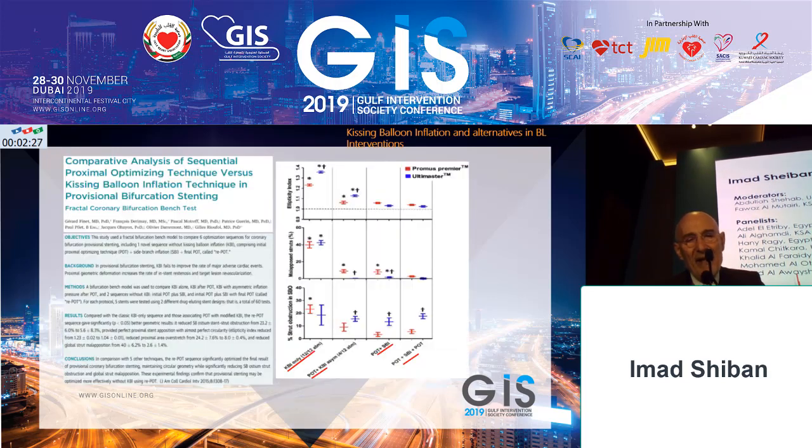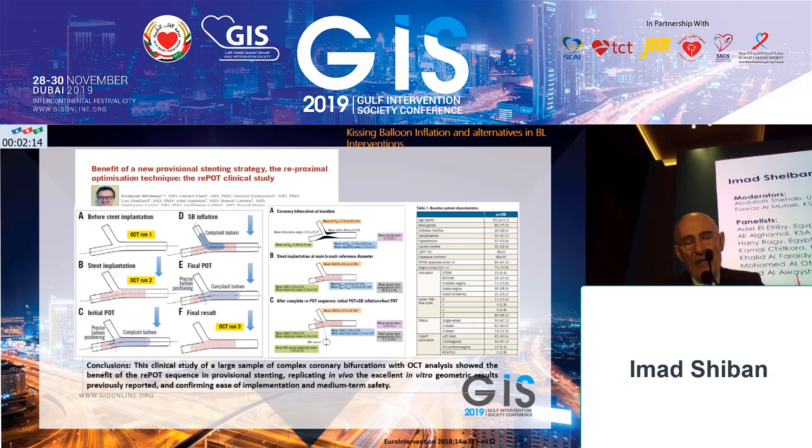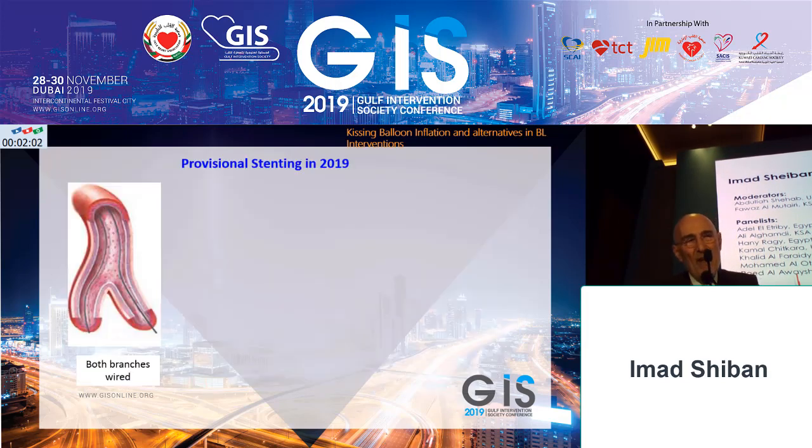And again, this is another proposal from a bench study, that means to repeat POT after side branch dilatation, that means re-POT. The same authors have some clinical data showing the beneficial effect of repeating POT after side branch dilatation if needed.